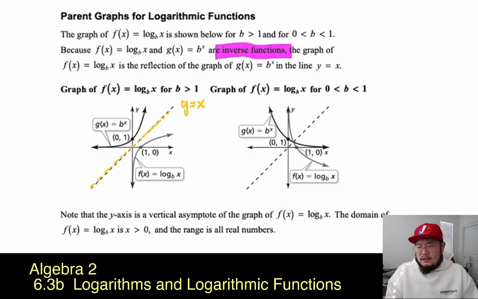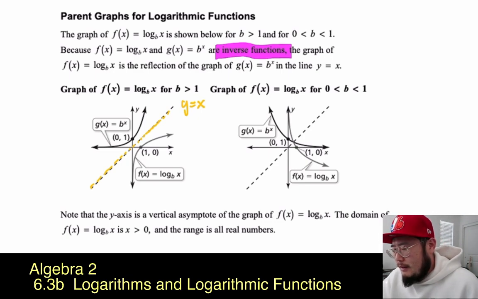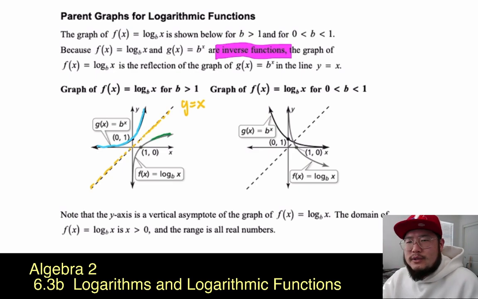So you can see right here that up above the dotted line, they've got the function y is equal to b raised to the x power. Down below is the inverse of that, which happens to be y is equal to log base b of x. Cool, right? If I were to fold the function across that line of y is equal to x, then they would overlap each other.